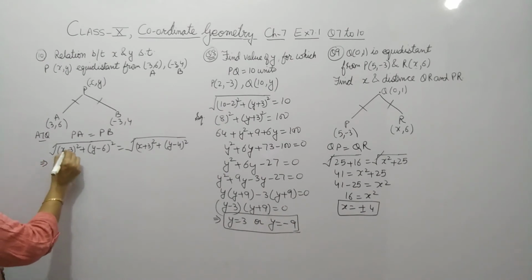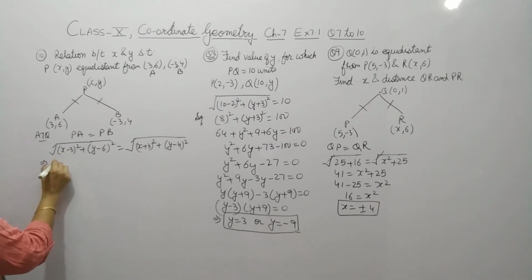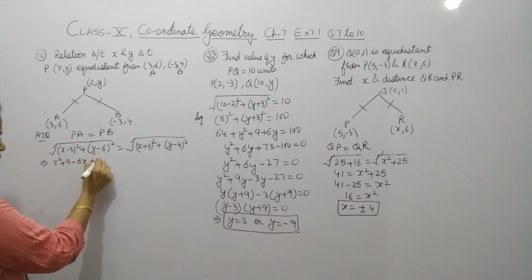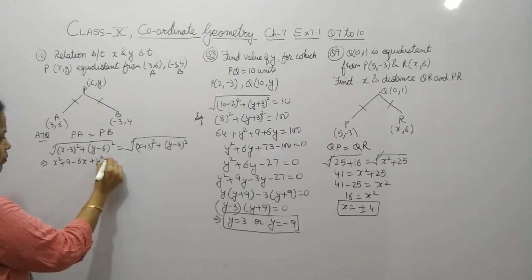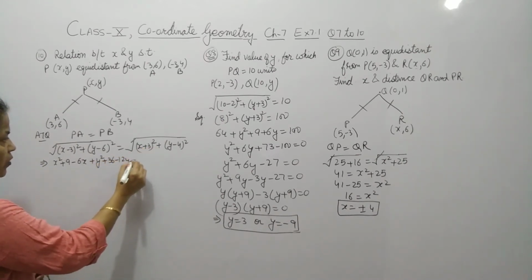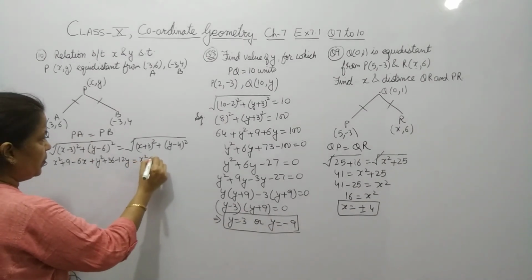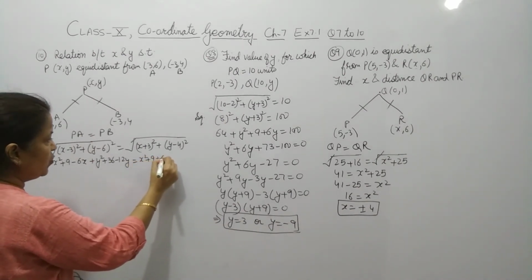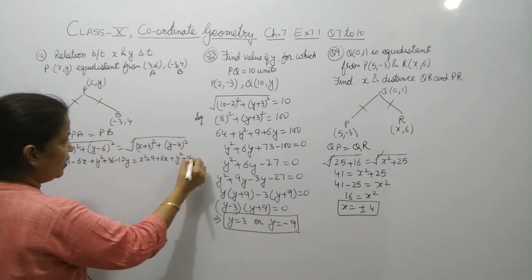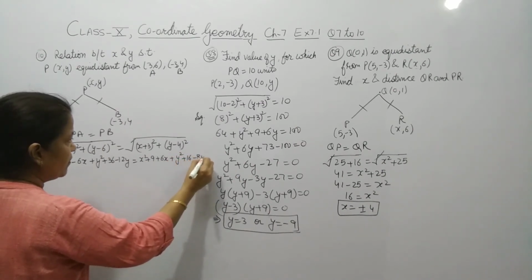Now solve it further by using the identity a square plus b square minus 2ab. Same way a square plus b square minus 2ab. Here also a square plus b square plus 2ab. A square plus b square minus 2ab.